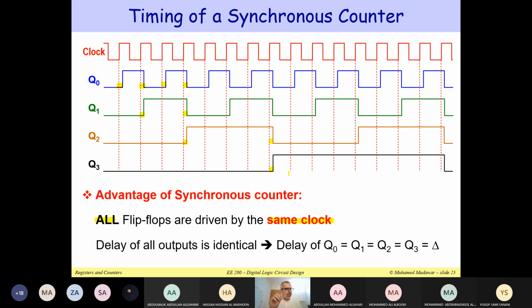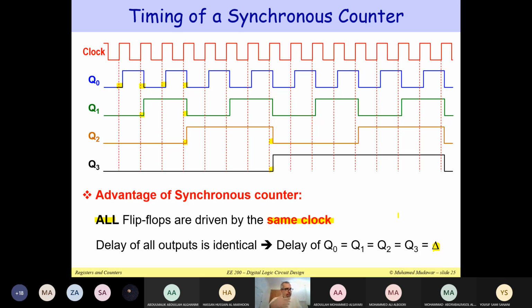This is why this is a truly synchronous counter, because all the flip-flops are synchronized with the same clock. So this is actually the main advantage, that the delay is delta. Delta here is the delay in any flip-flop. Any question about this? So this is the timing of a synchronous counter.